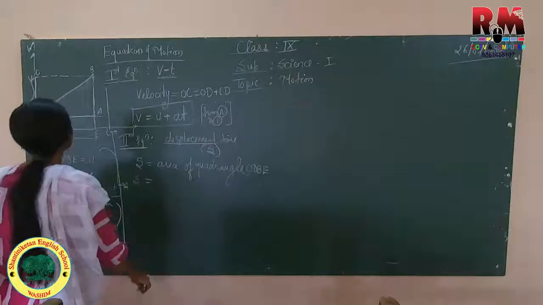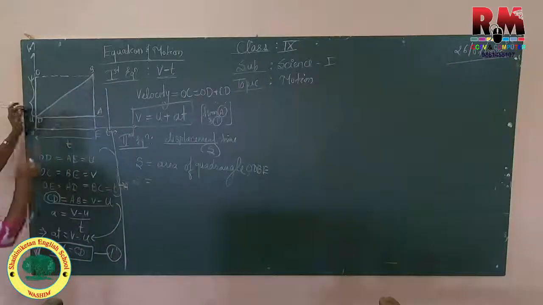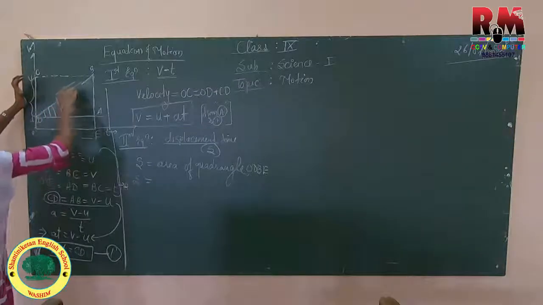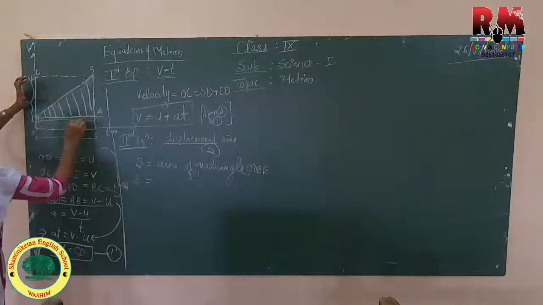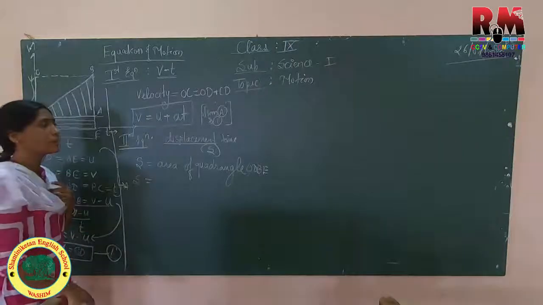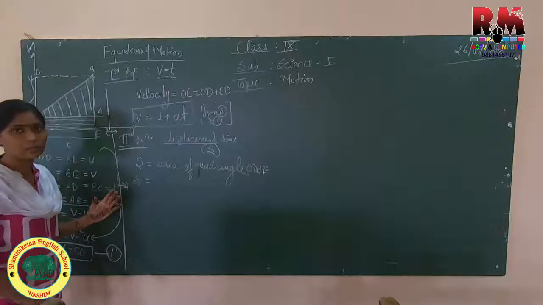Now this quadrangle is divided into two parts: one is a triangle and one is a rectangle. Children, please make sure you are understanding this, it is very, very important.